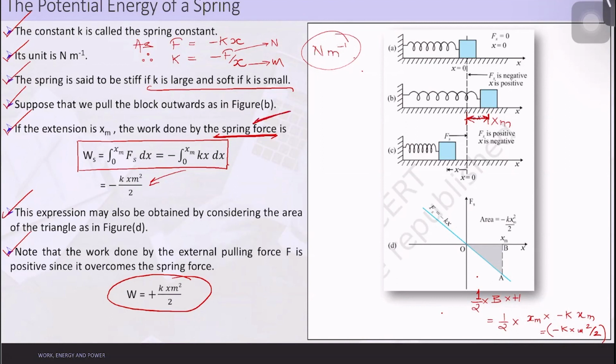The work done by the spring force will be negative, but the work done by the external pulling force is positive, since it overcomes the spring force. Therefore W is equal to plus k xm square by 2.